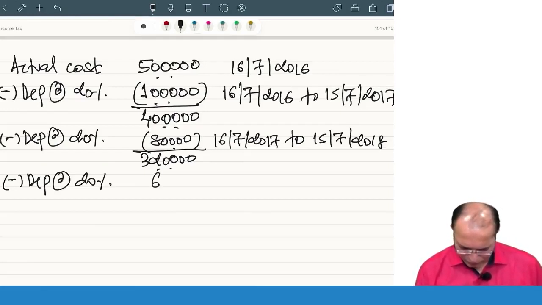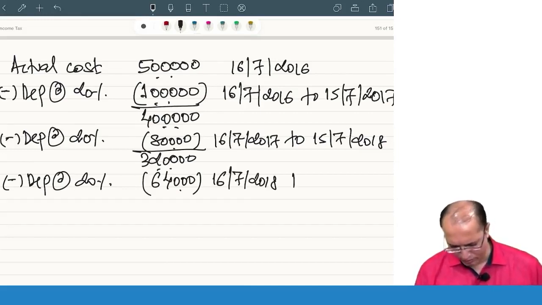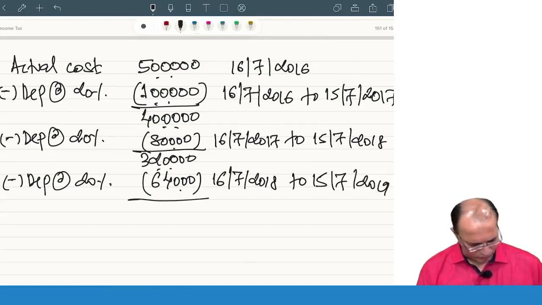That will be 64,000. This is depreciation for which period? 16 July 18 to 15 July 19. So the balance value is 2 lakh 56.